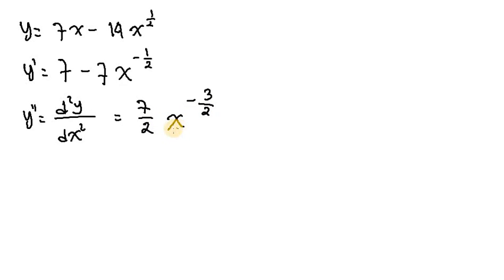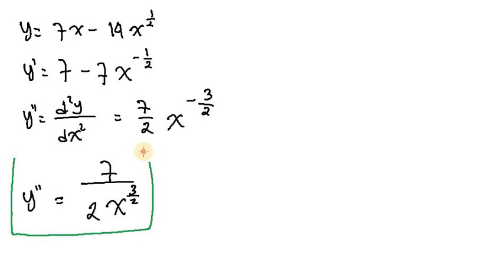So this is the second derivative. We can tidy up to become 7 over 2 x to the power of 3 over 2. So this is y double prime.